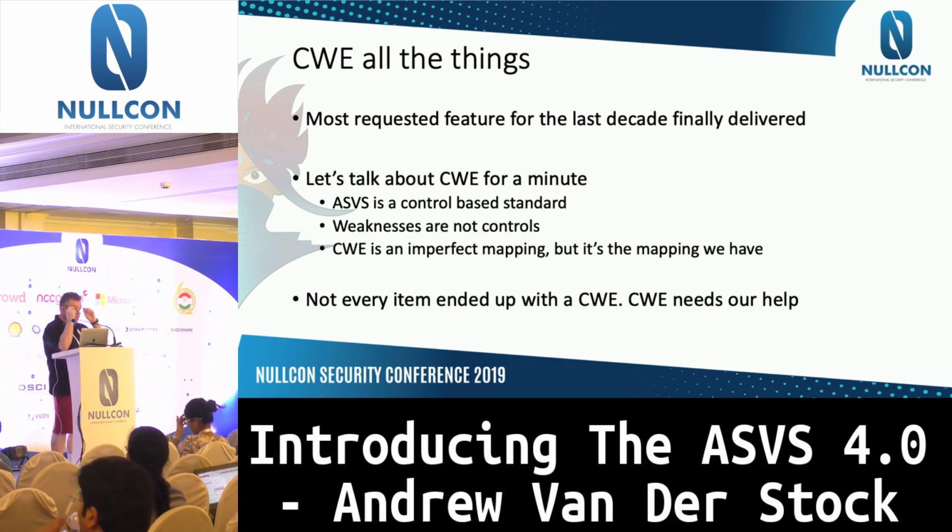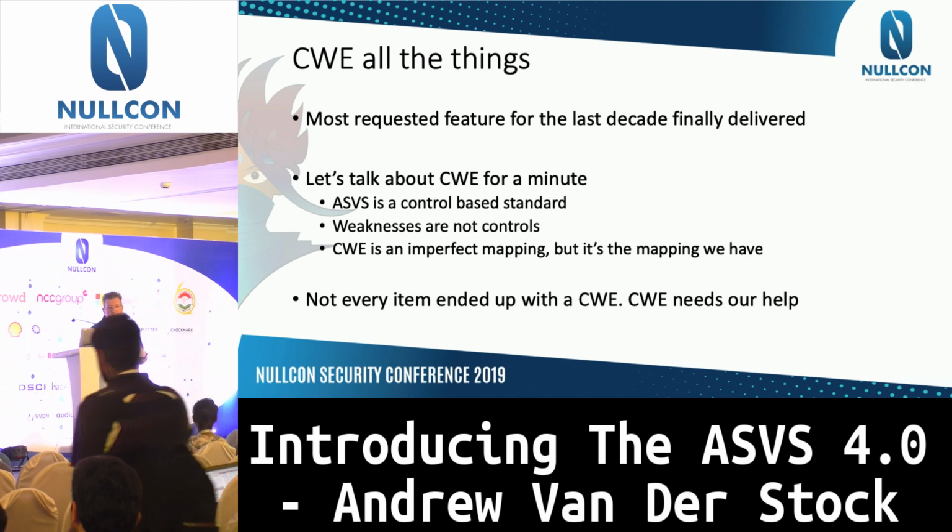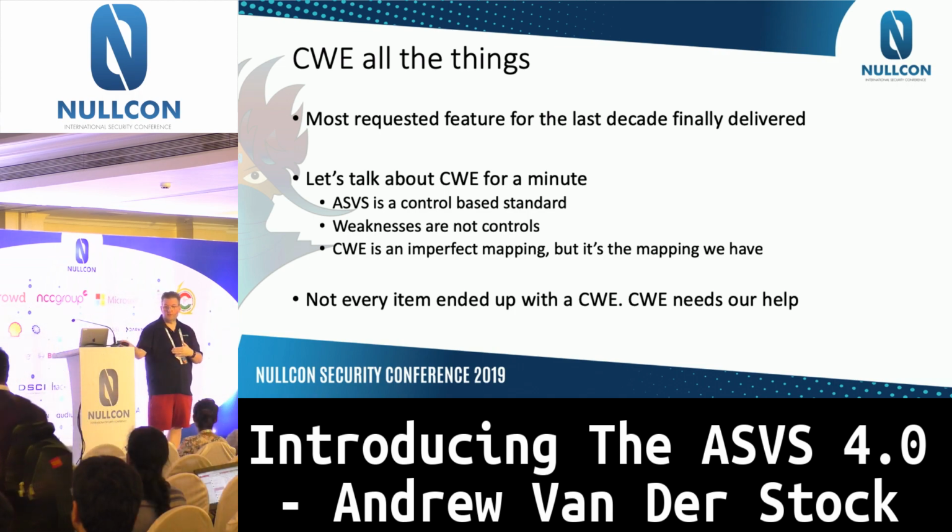We have completed the CWE mapping. CWE is a problem. We are a controls-based standard. These are the things we want you to do. The weaknesses enumeration is a list of everything that could go bad, but not really. It's missing, in our case, roughly 15 to 20% of the issues, for which we have no corresponding CWE.